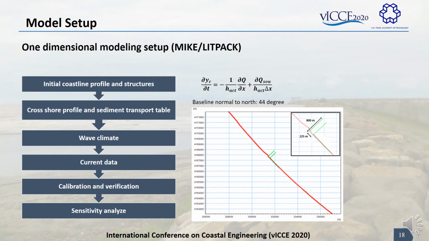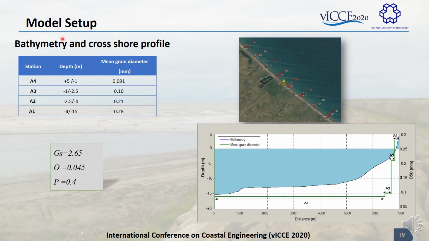Okay, now for one-dimensional modeling setup, at first the initial coastline and breakwater location were defined. You can see them here. The breakwater and baseline normal to north was 44 degrees.